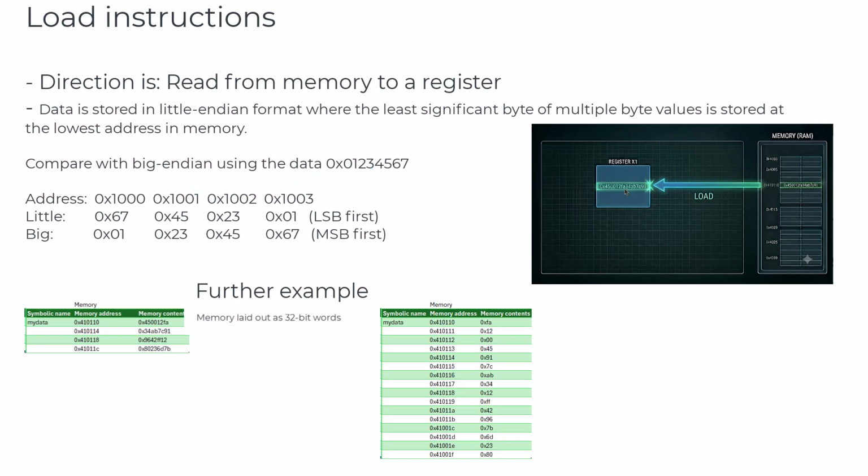So here's a couple of examples. Let's say we had a symbolic name of my data as a memory location, and this could be reconciled to the address hex 41000110. So the contents of this location, 0x450012FA, that's showing, has the data laid down as 32-bit or word format.